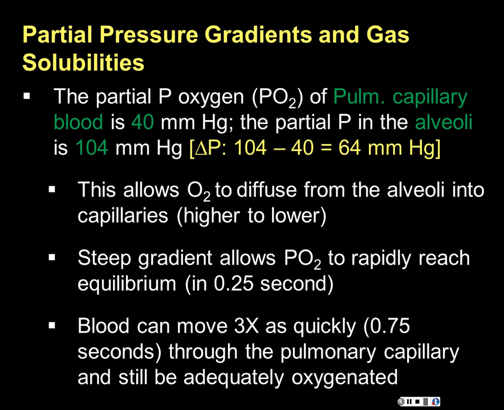Which direction would the oxygen flow between these two areas? From which region to which? From the alveolus into the capillaries. It's being pushed down its pressure gradient. What happens to the oxygen?